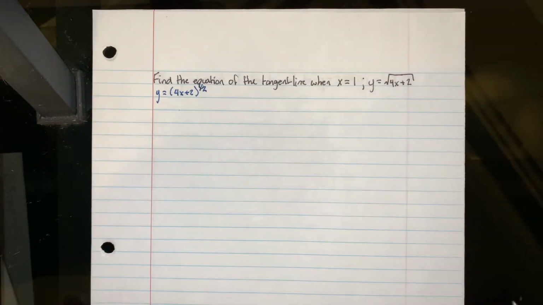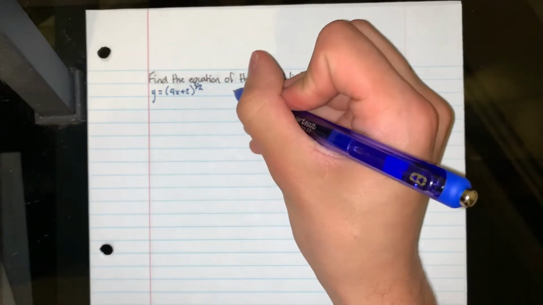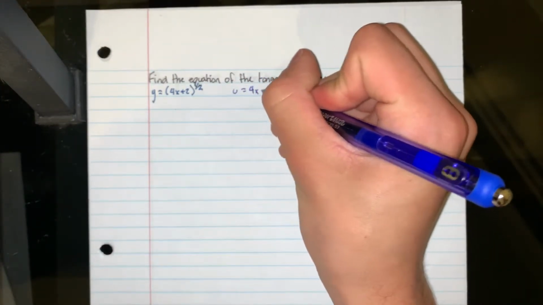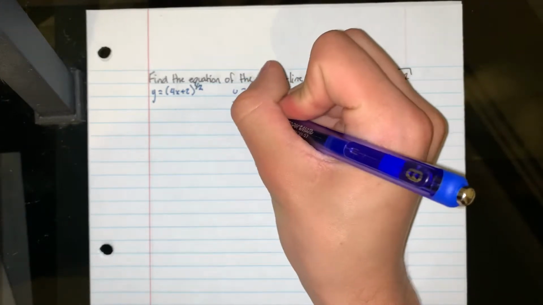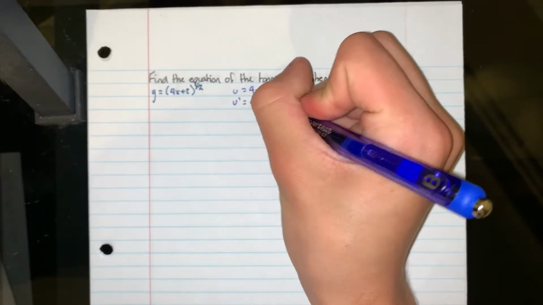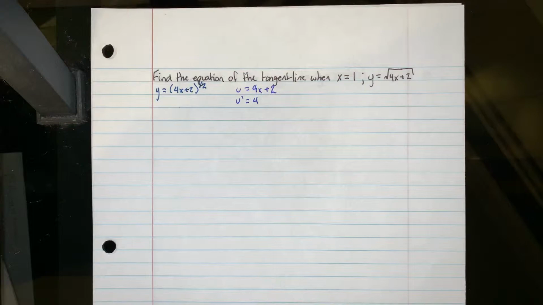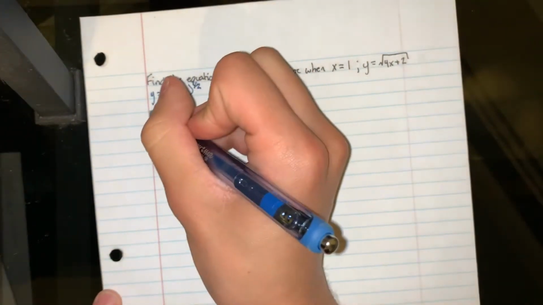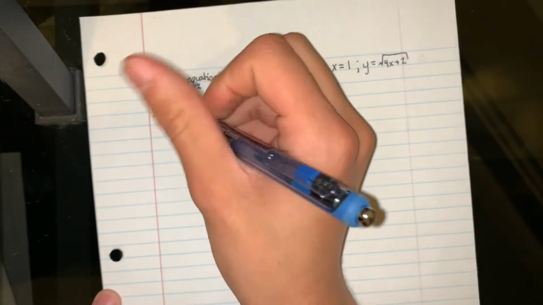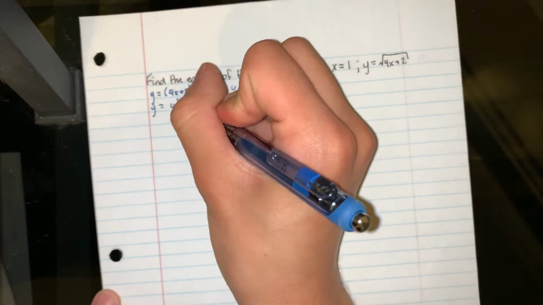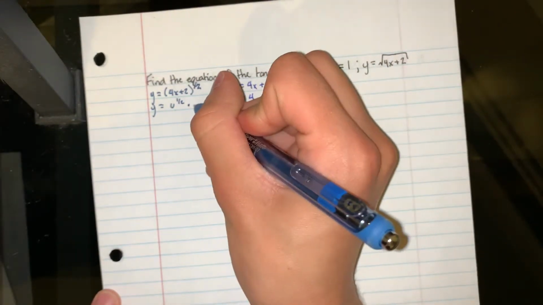Now in order to derive this, you would want to use u substitution. So u would equal 4x plus 2 and u prime would just equal 4. So from here, you would do y equals u to the 1/2.